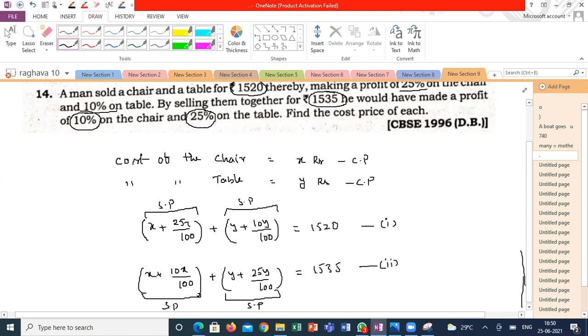Please solve this question. Does anyone have any different kind of equations? Or does anyone have any doubt how I derived these equations?